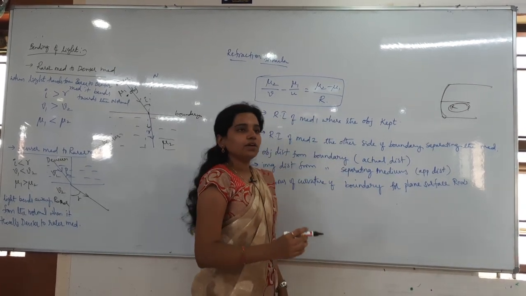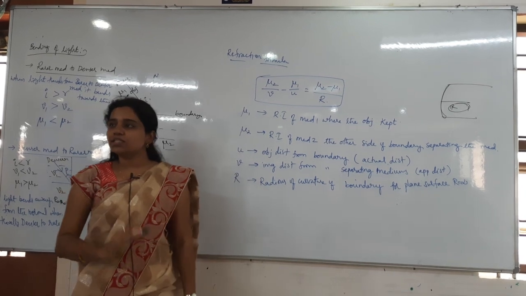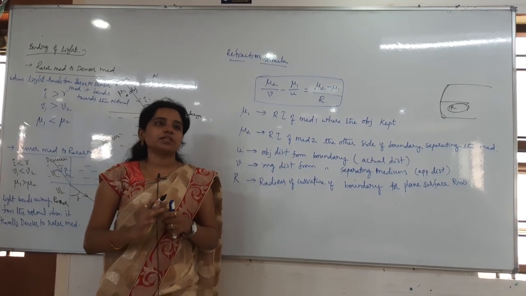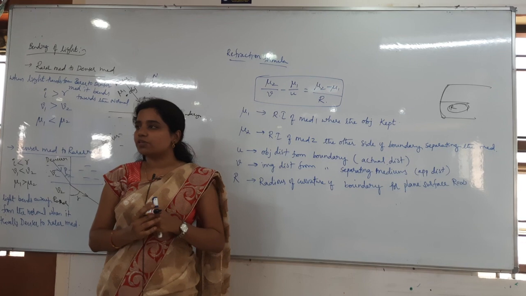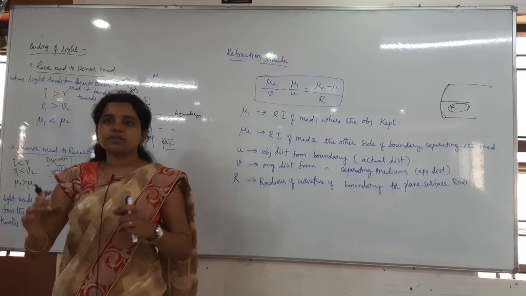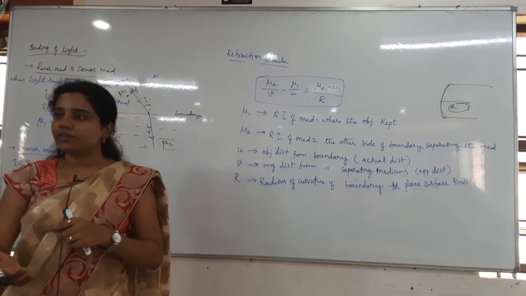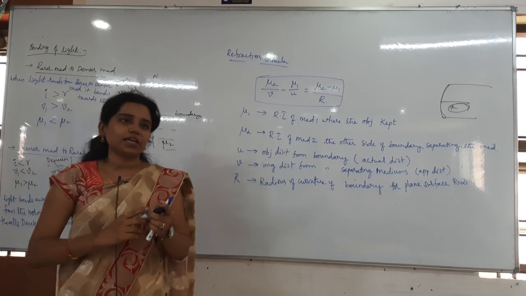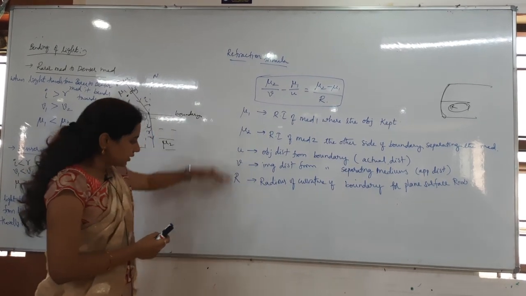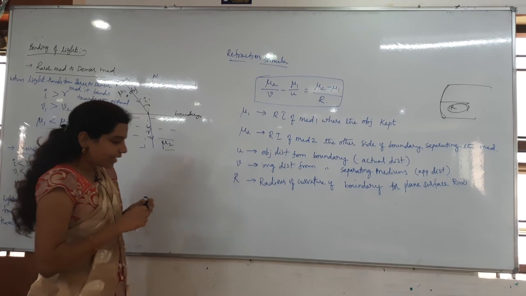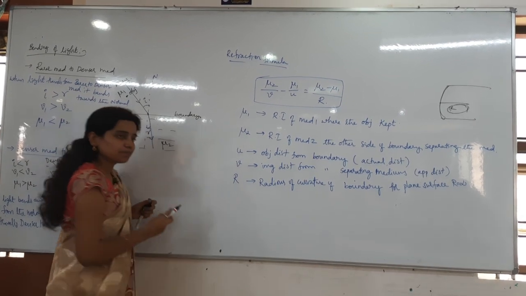Then u is nothing but the object distance from the boundary, and v is nothing but the image distance from the boundary. Here the image is nothing but how the object appears. I said already, for example, if I take the depth of a swimming pool, I keep one dot here.